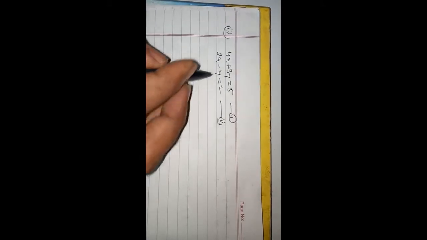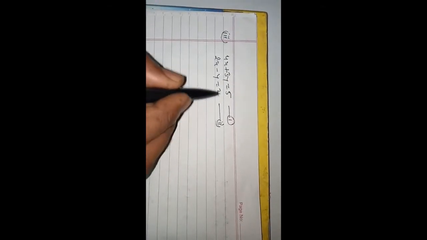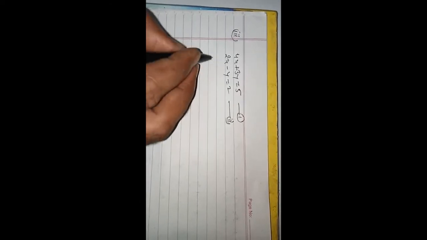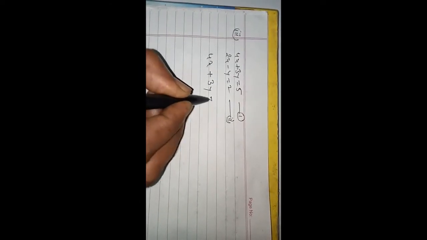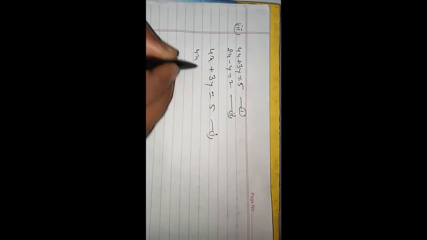Question third is 4x plus 3y is equal to 5 and 2x minus y is equal to 2. So 4x plus 3y is equal to 5. This is equation first. I am using the substitution method. So 4x is equal to 5 minus 3y. Transposing plus 3y to the RHS, we get 5 minus 3y.